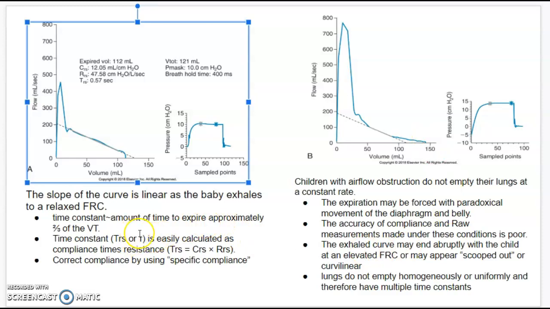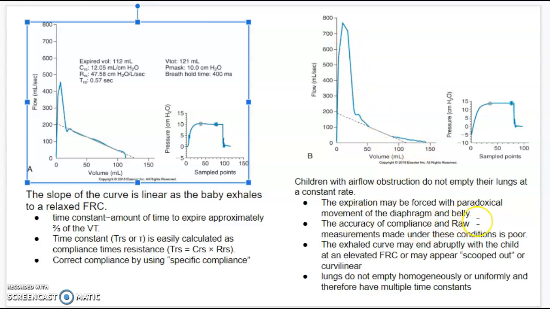The time constant is the amount of time to expire, should be approximately 2/3 of the tidal volume. The time constant is easily calculated as compliance times resistance, and then corrected compliance should be recorded using the specific compliance term. Over here, as I mentioned, you see that the slope is not linear.